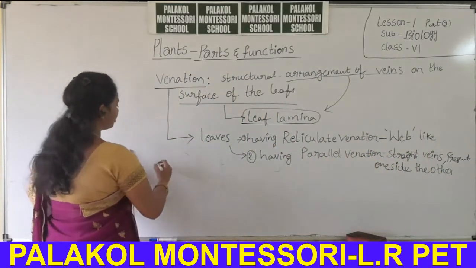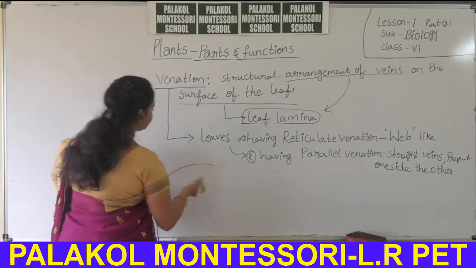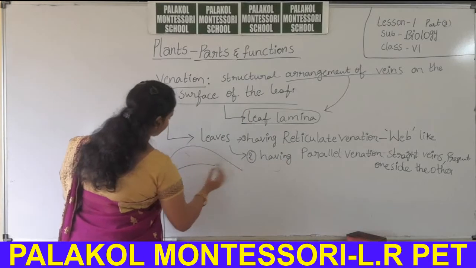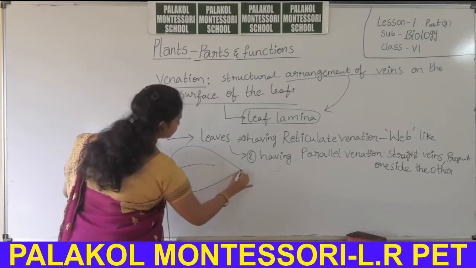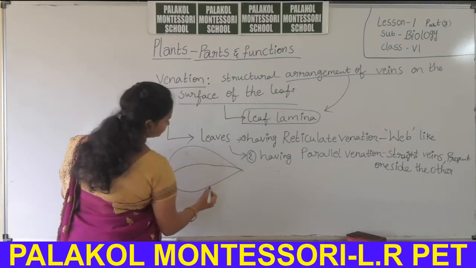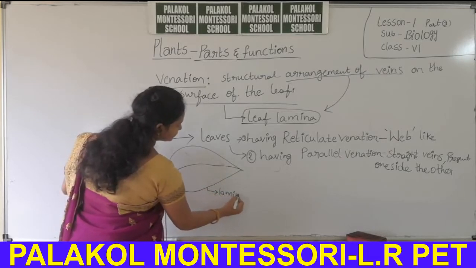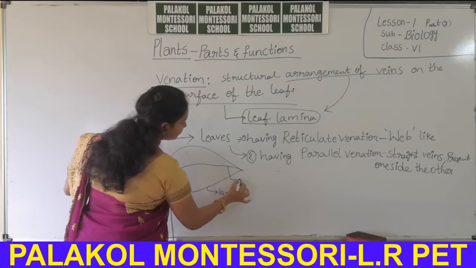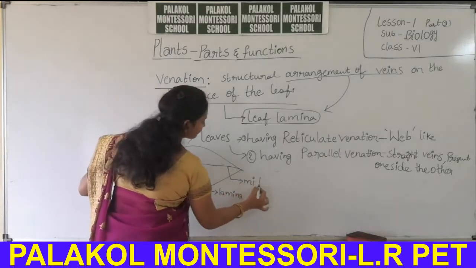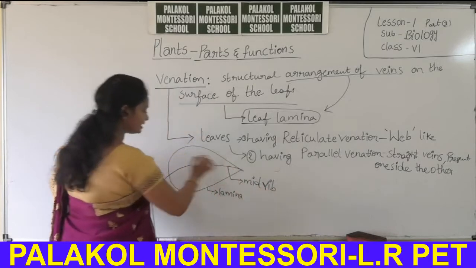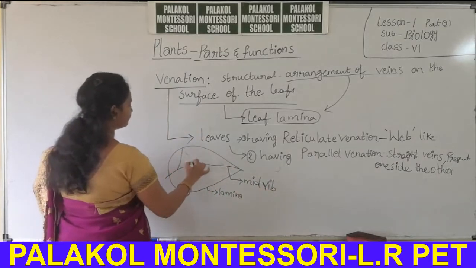Now I am drawing the reticulate venation and parallel venation diagrams here. This is the leaf lamina, the flat surface. This is the midrib. From this midrib, branches will arise.